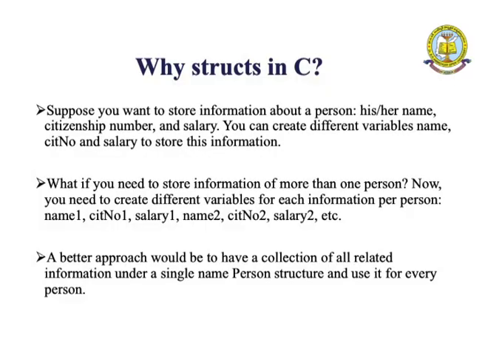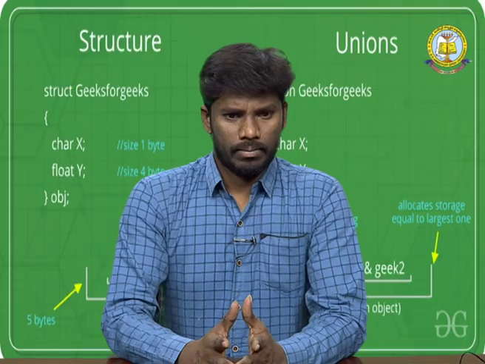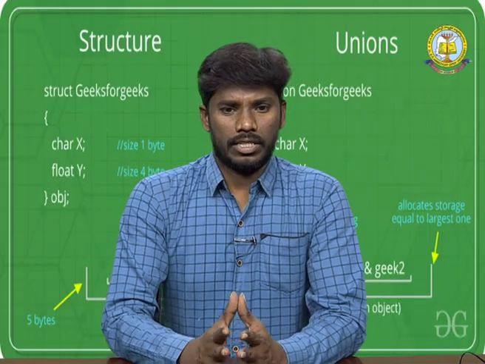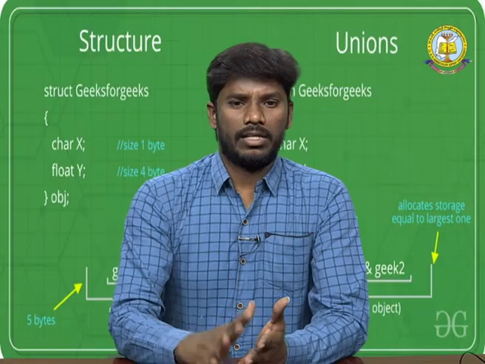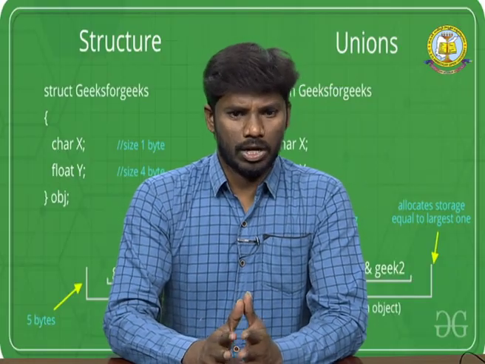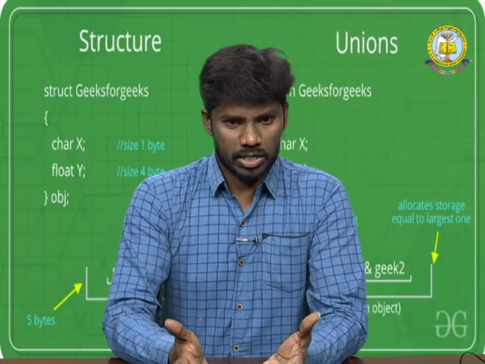Structures are the better approach, to have a collection of all related information under a single name. If you want to go for a survey, if the Telangana government has started a survey, they will take all the information of a particular person, then how can you store it in the system?